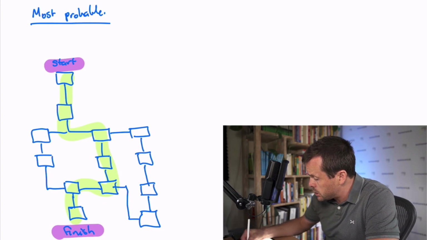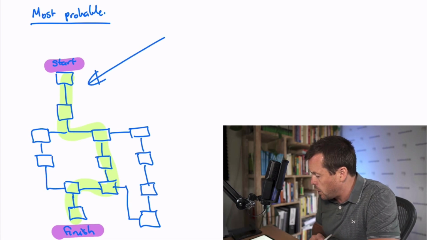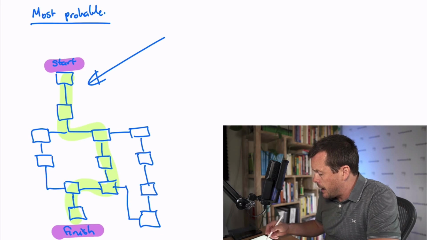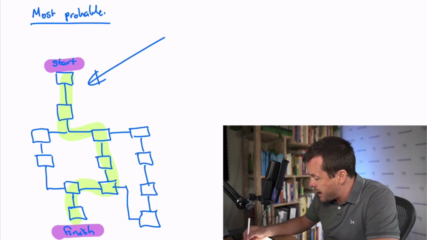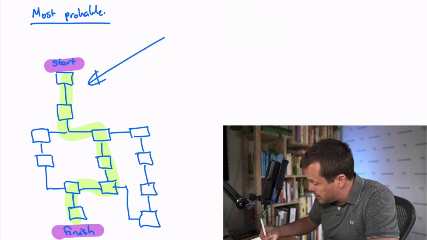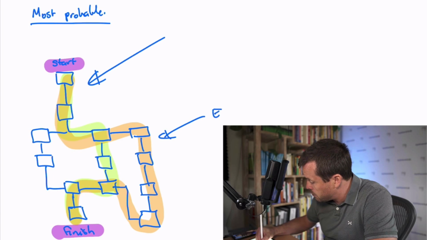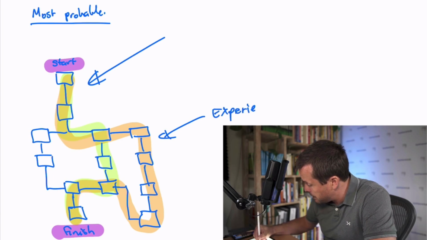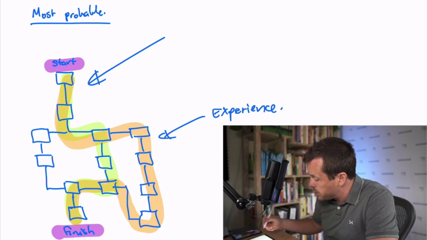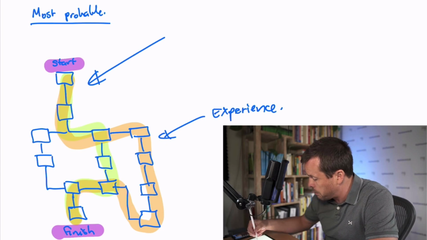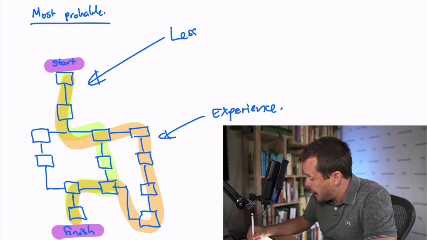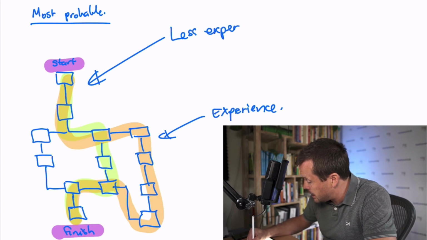Now, in situations where the path doesn't follow the most probable and it goes off the beaten track, that's where, well, maybe these exceptions, because you might not have it documented just yet, these scenarios go to your more experienced team members, and all of the most probable path, which is obviously the green one, maybe that goes to the less experienced team members.